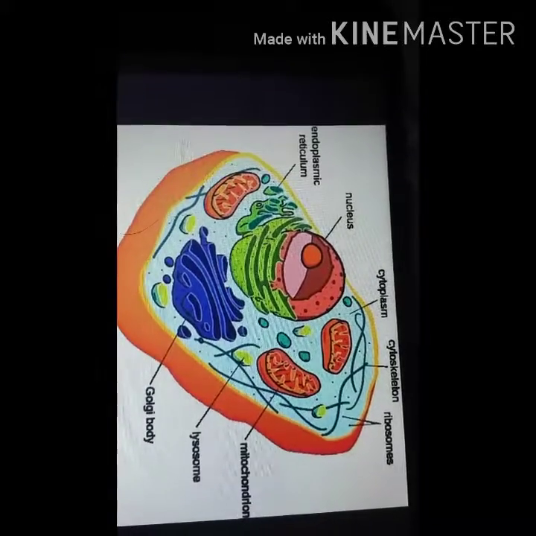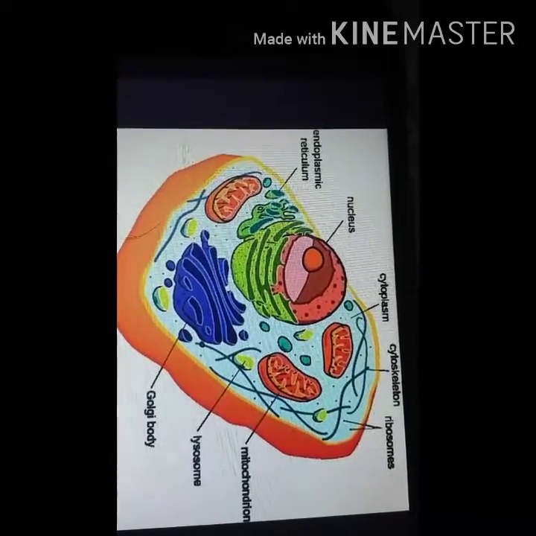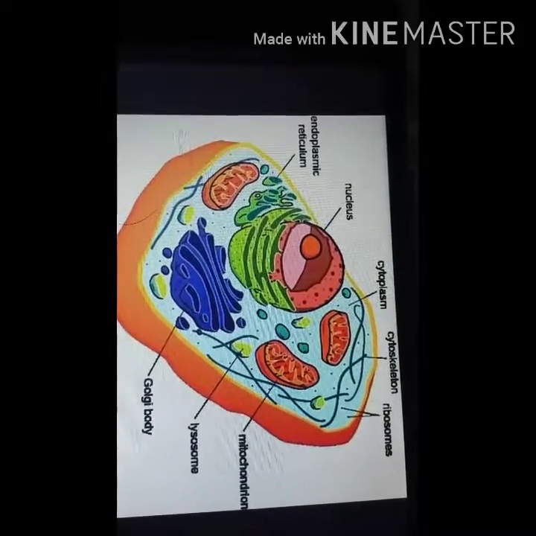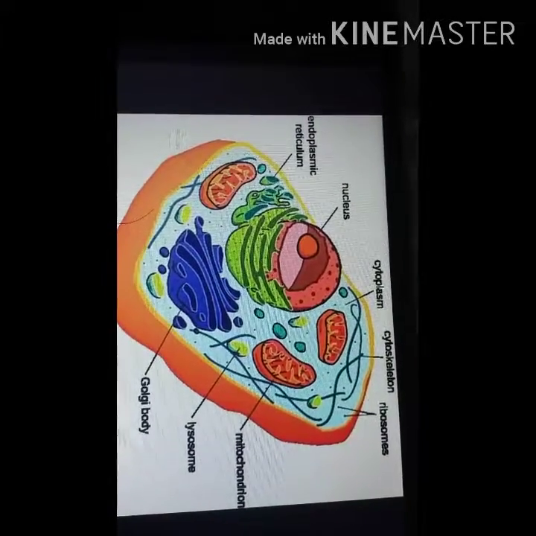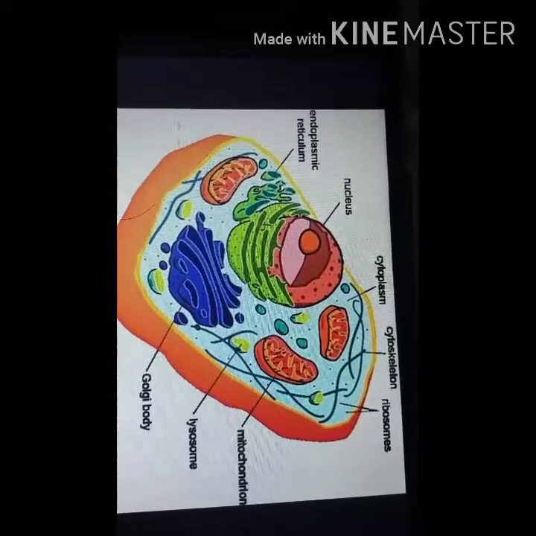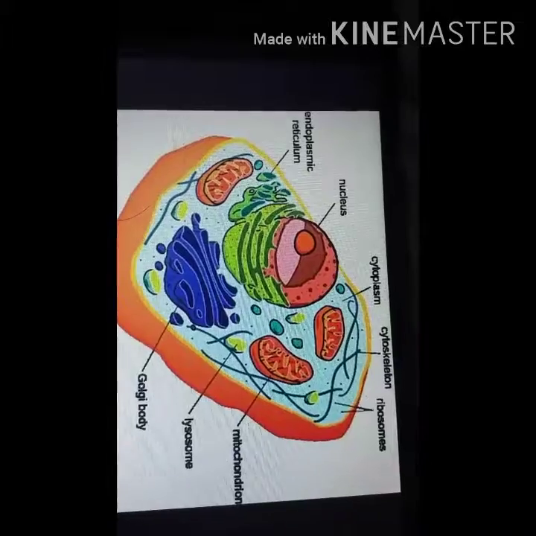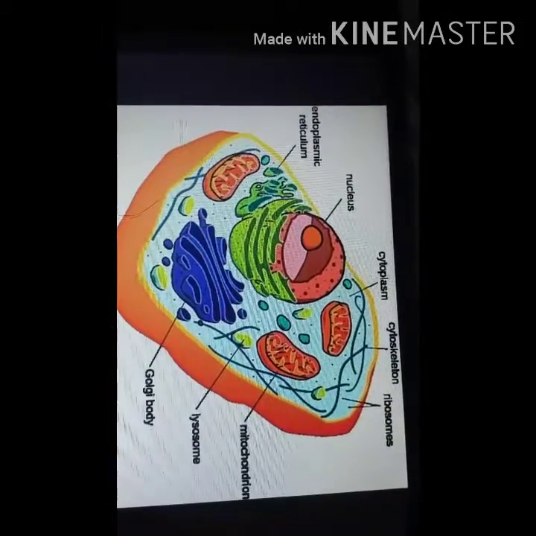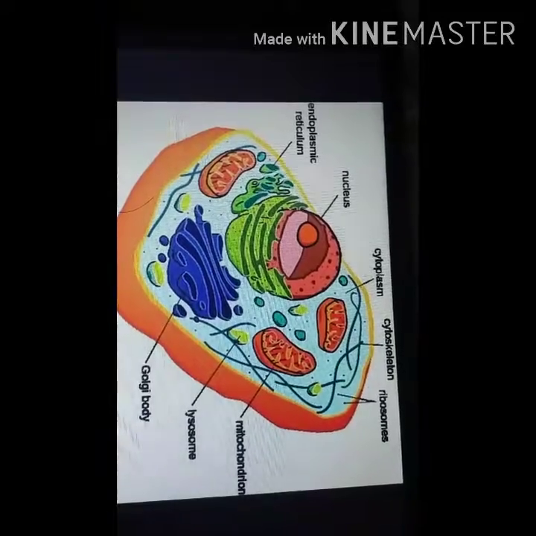You've actually learned a lot about organelles in other lessons without knowing it. Organelles are simply membrane-bound compartments within a cell, such as the nucleus, mitochondria, lysosome, Golgi body, ribosomes, cytoskeleton, cytoplasm, and the endoplasmic reticulum.